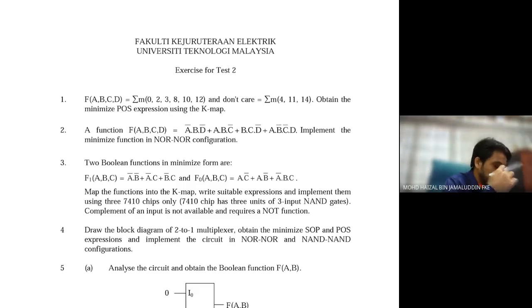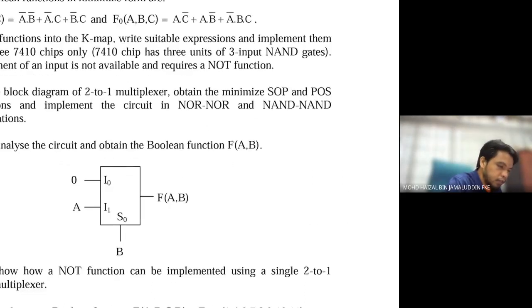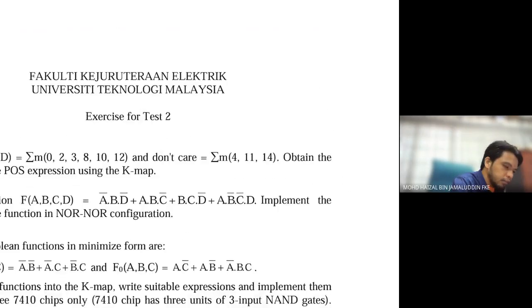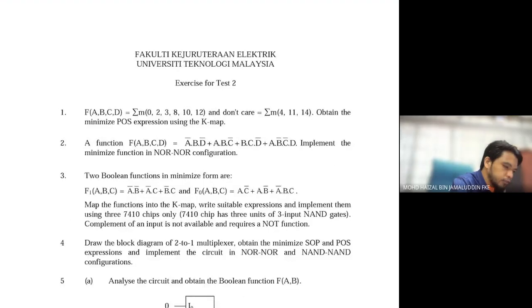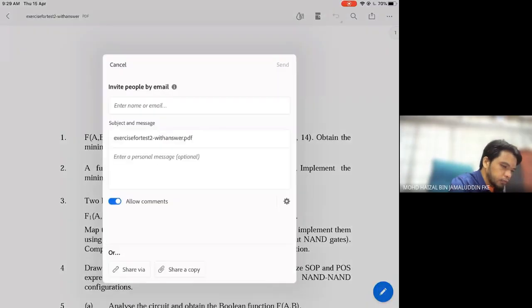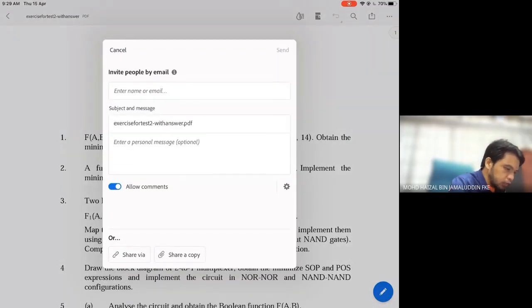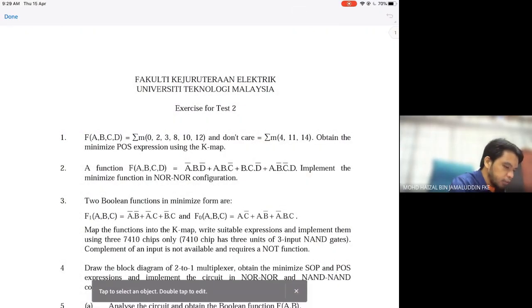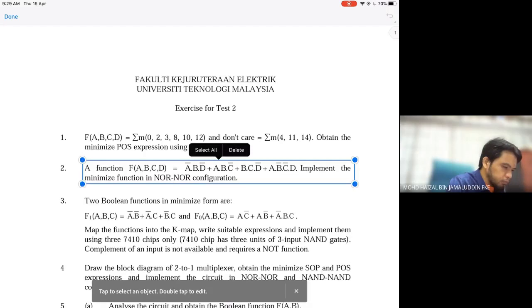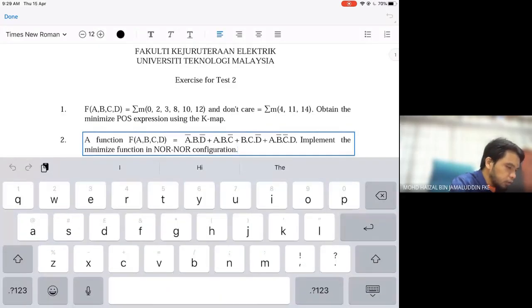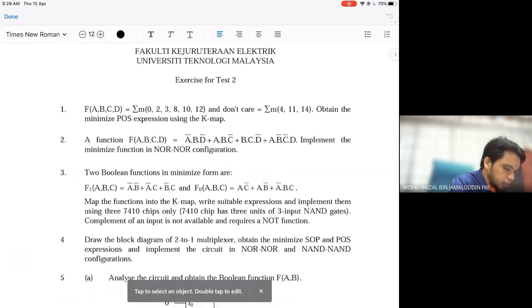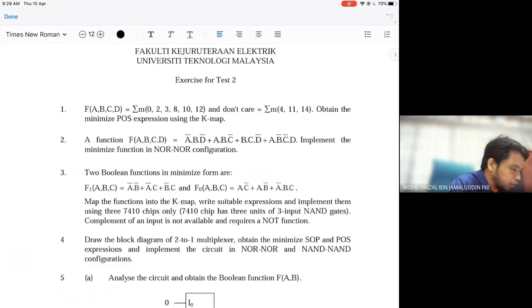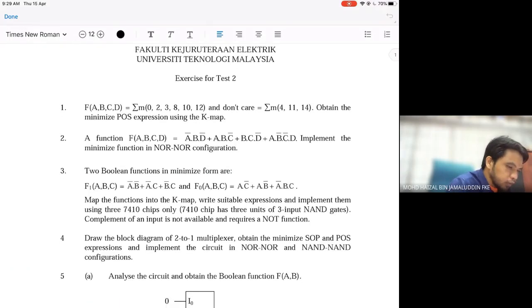Okay. So for example here, edit. Mana PDF ni nak edit? Cancel. So edit PDF. Okay. Nah, tak bagi penting pula. Boleh tak penting?